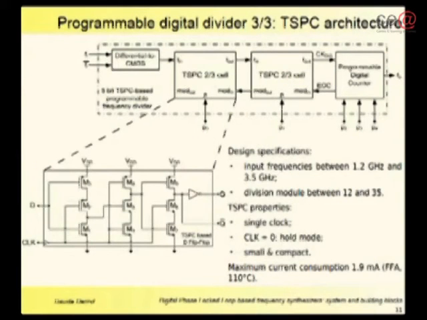The SCL logic, that is the heart of the previous architecture, is known to be very fast, but is also known to consume a lot of power. So we have decided to do another version of the same prescaler, with the same input frequency range, as you can see, and the same division modes, but this time realized based on a TSPC flip-flop that is shown in the bottom part of the slide.